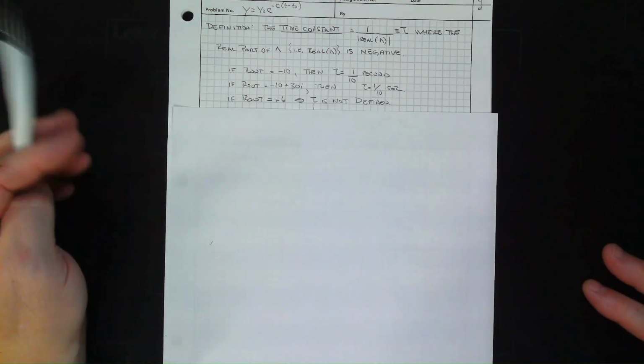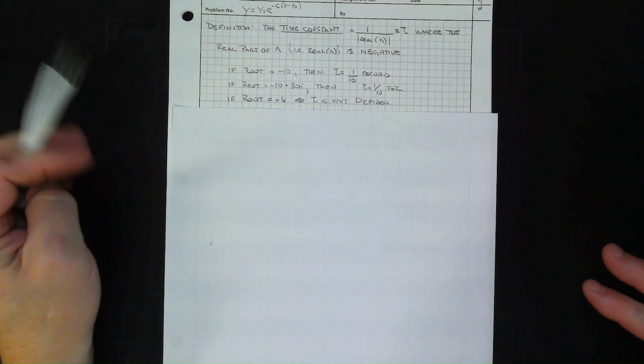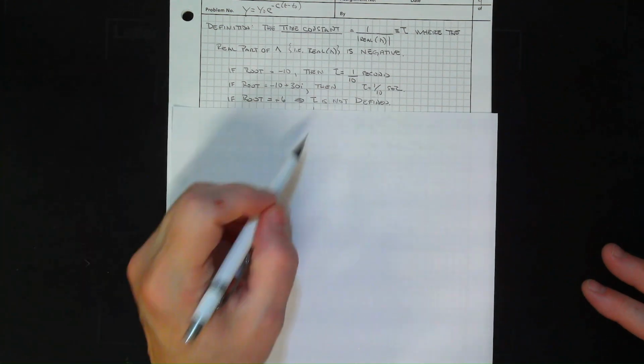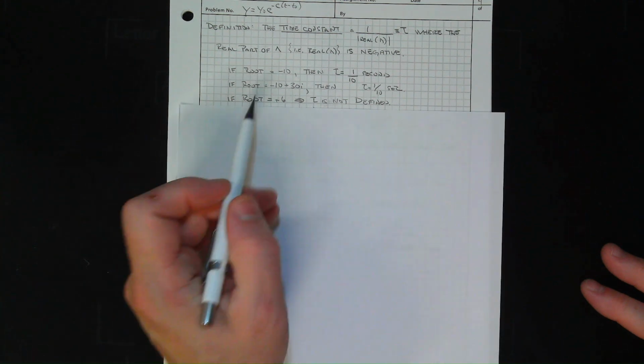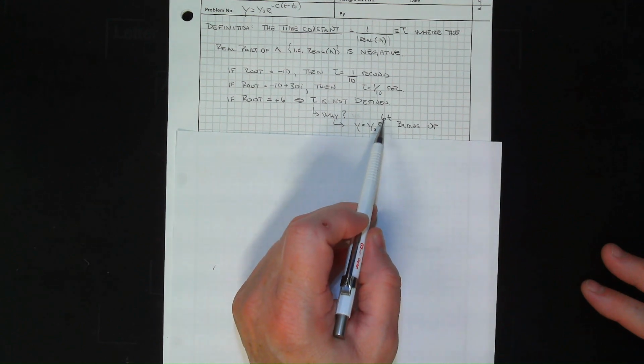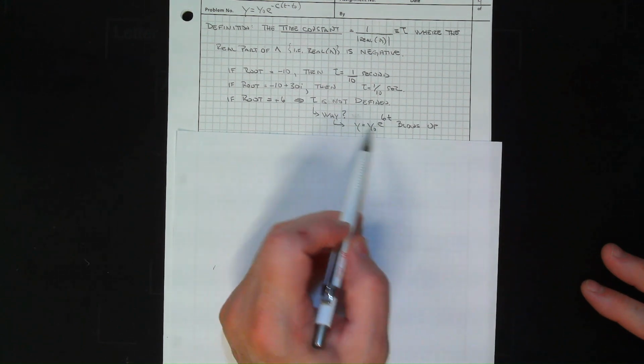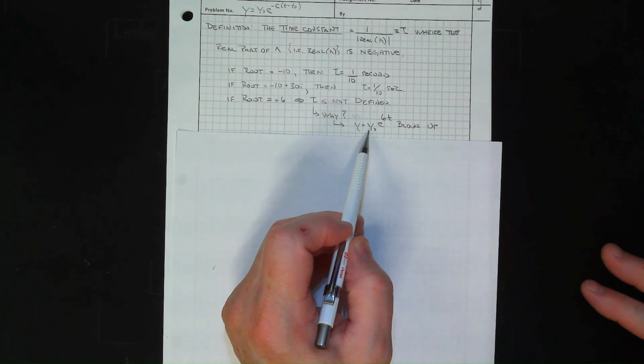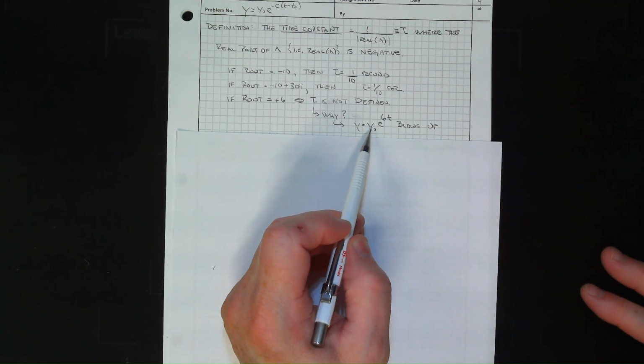Now, suppose the root was plus 6. Well, then the time constant is not defined, because if we popped out a plus 6 for that root, our solution would be y equals y0 e to the 6t. This is a solution for the complementary solution, but nobody cares. In the world of systems and controls, if it blows up, we're done.